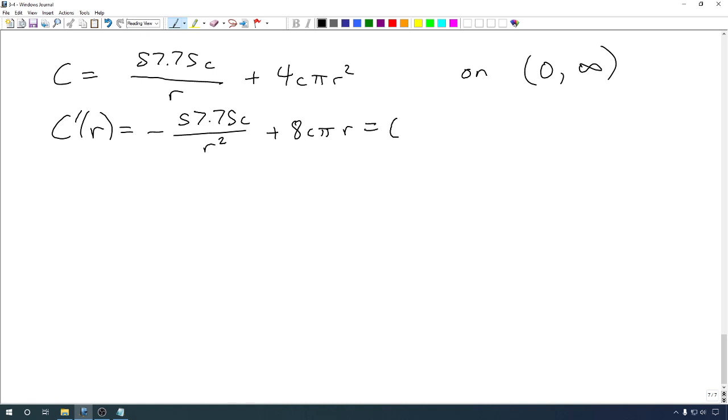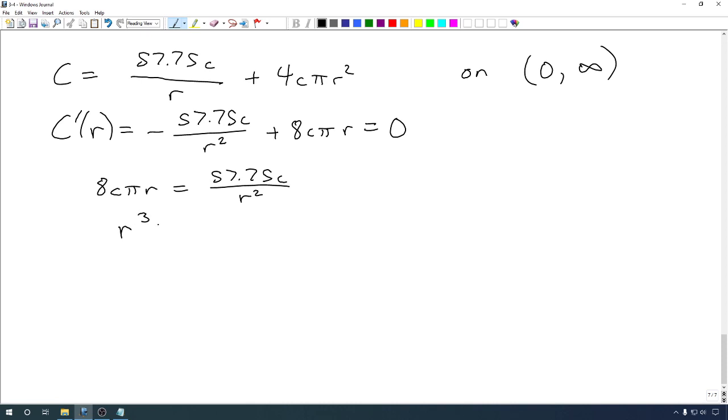If we set this thing equal to 0, this does require a little bit of work. Since we have essentially a difference between two things, I'm going to set these things equal to each other. We have 8c pi r is equal to 57.75c over r squared. Going to multiply each side by r squared, but divide by 8c pi.